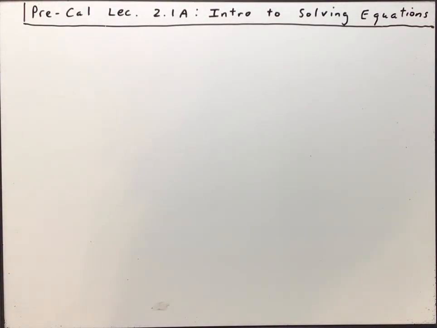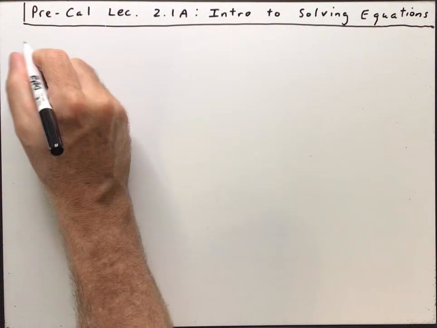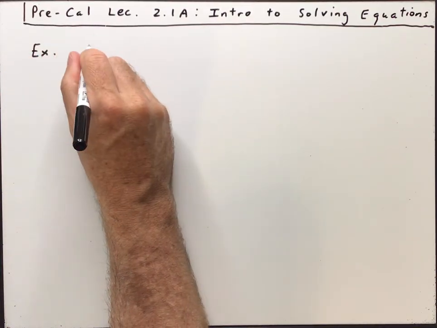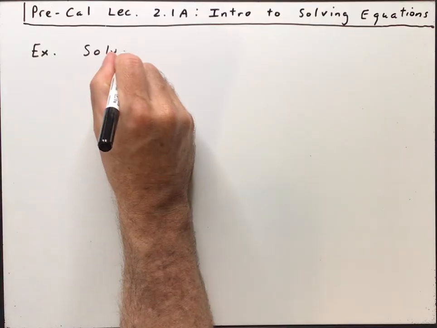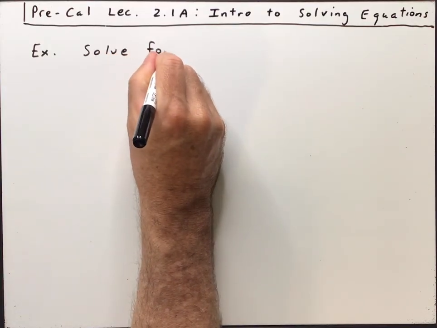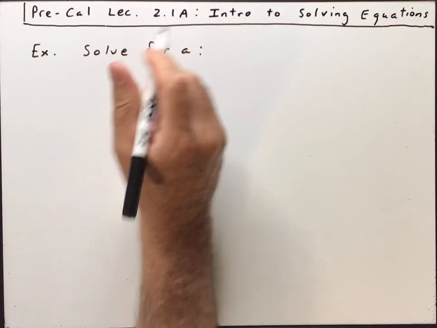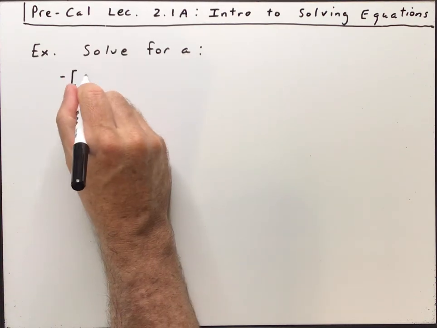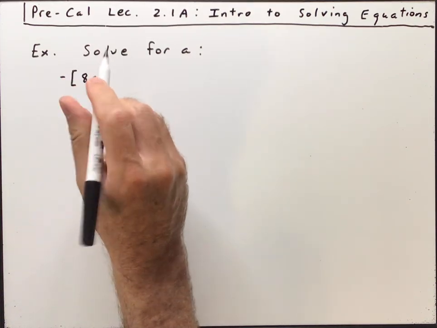Okay, last example before the homework. So we want to solve for A. And this is just a lot of distribution here. You've just got to be careful as you distribute.